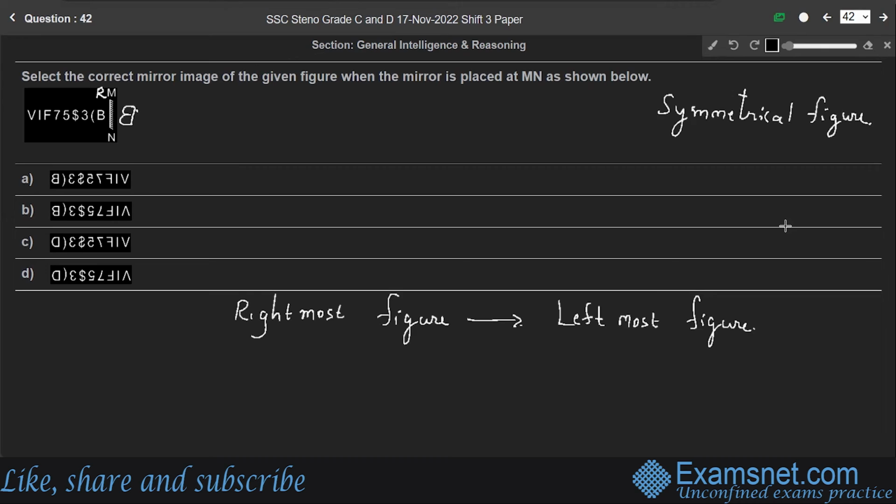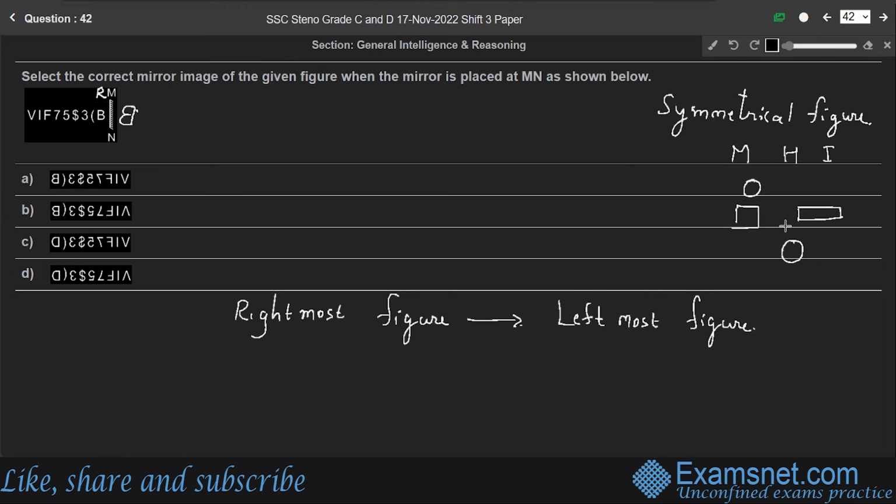For example, M, H, I, O are symmetrical figures. Even a square, a rectangle, a circle are symmetrical figures. The image of a symmetrical figure will be the same as the original figure.